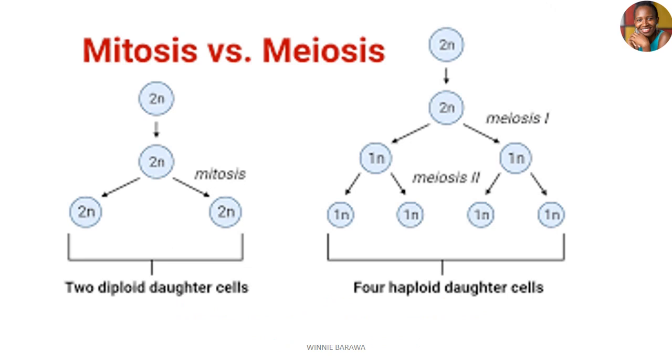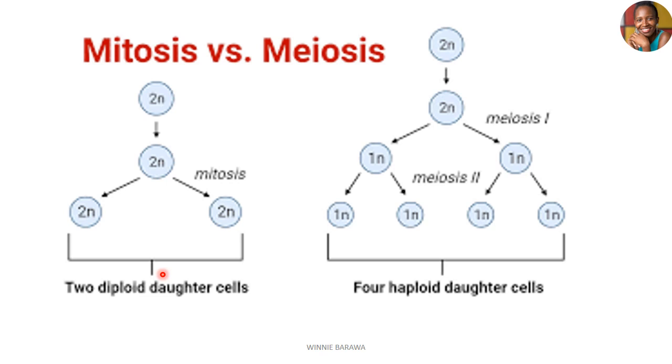So we have meiosis and then we have mitosis. In these two cell division processes, one is commonly known for producing two diploid daughter cells, and that is the mitosis process, while in meiosis we produce four haploid daughter cells. These are daughter cells that have half the number of chromosomes of the parent cells.